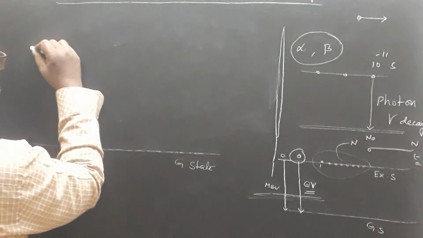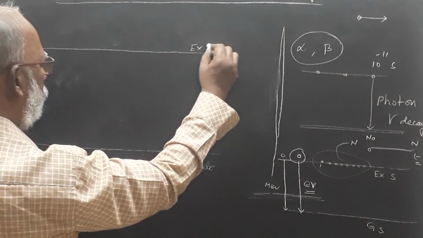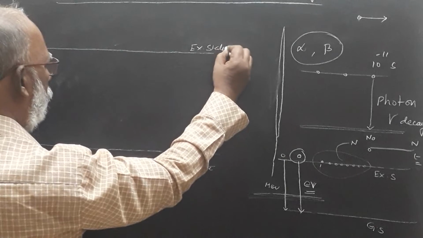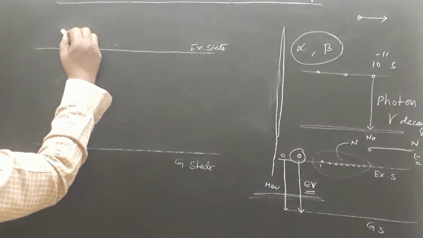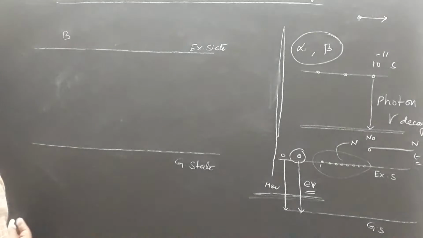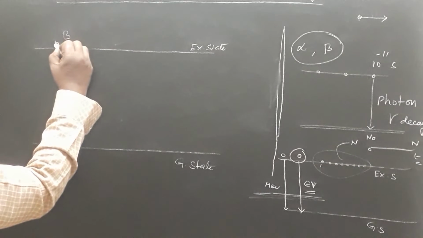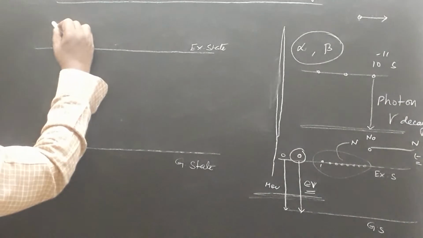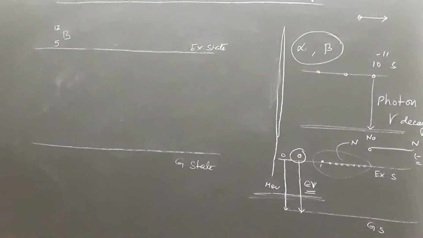Suppose, for example, you consider boron, an element written as 5, 12. That is, the atomic number is 5 and 12 is the atomic mass number.